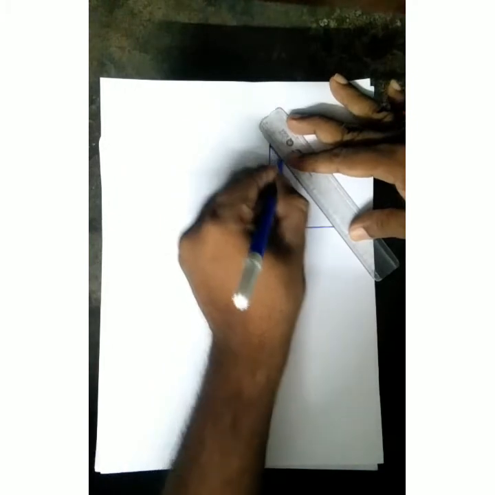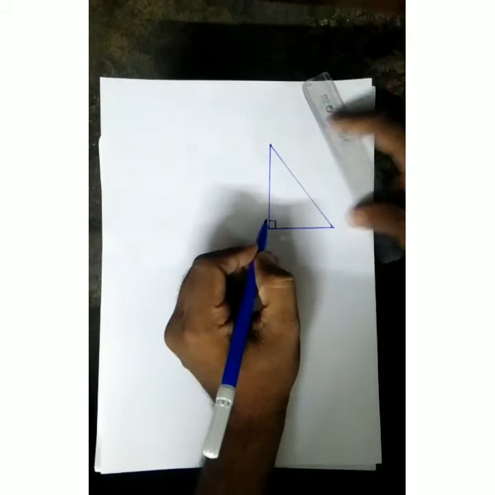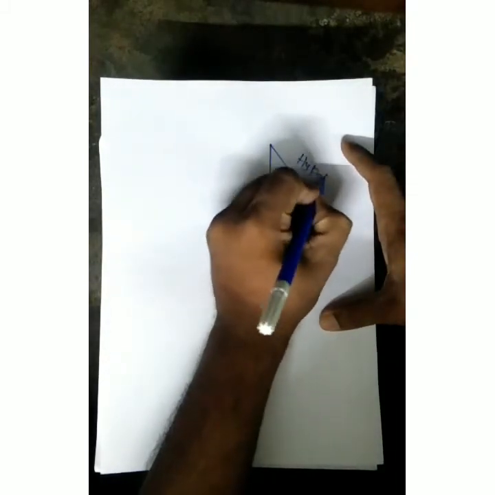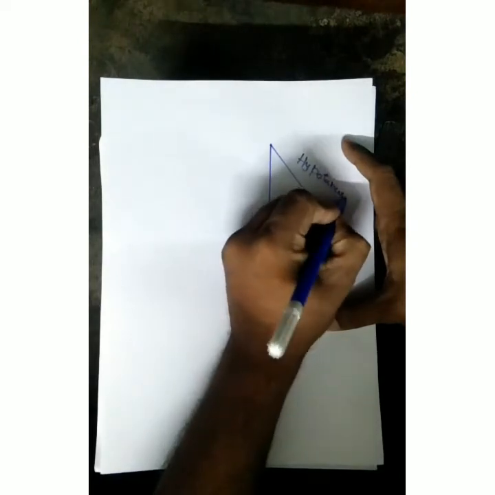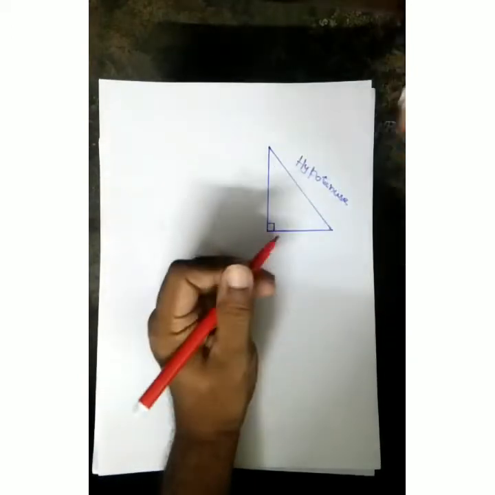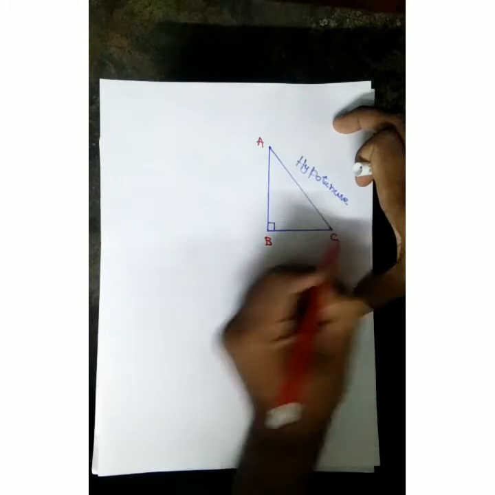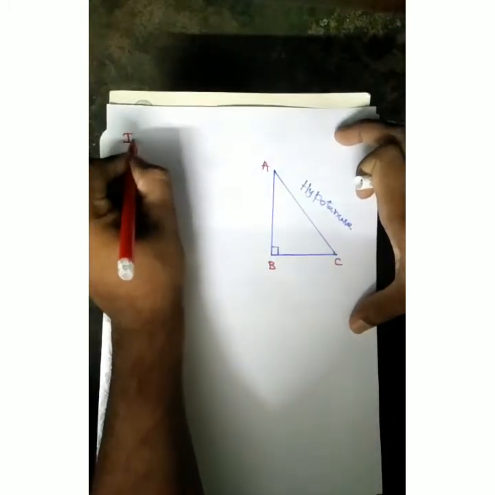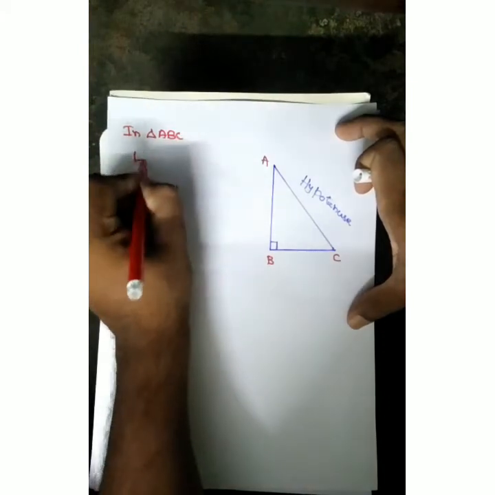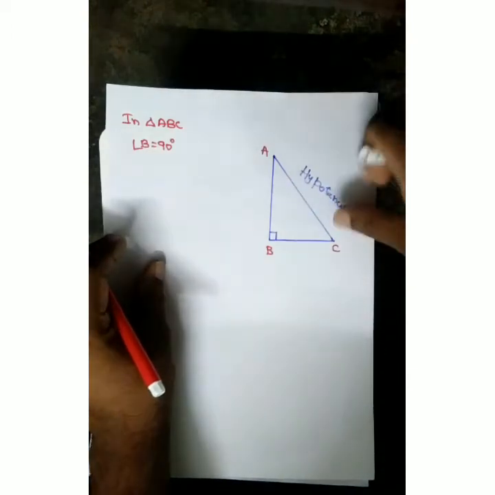You know already, in a right angle triangle, the side opposite the 90 degrees is the largest side. It is called the hypotenuse. Mark the vertices A, B, C. In triangle ABC, angle B equals 90 degrees. So AC is the hypotenuse.